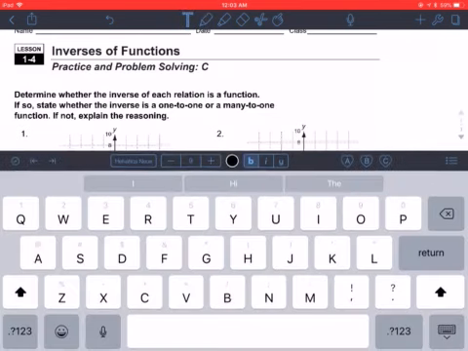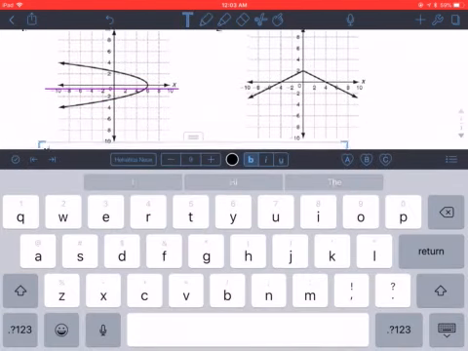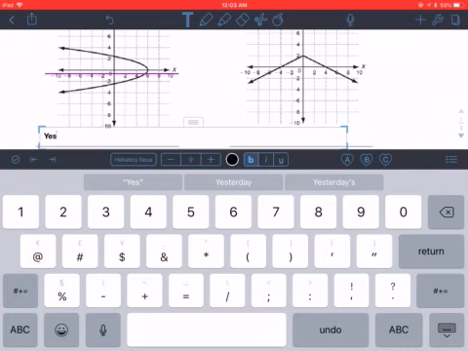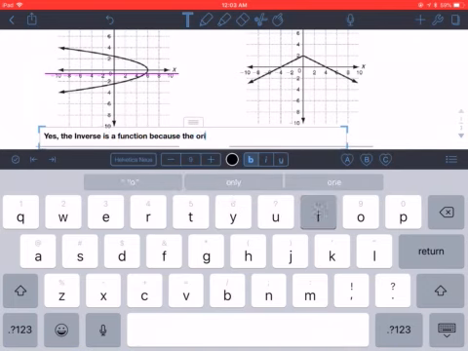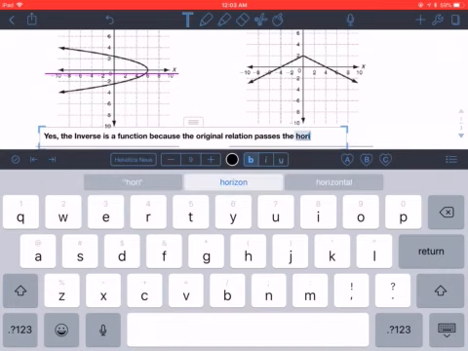So the answer is yes. The inverse is a function because the original relation passes the horizontal line test.